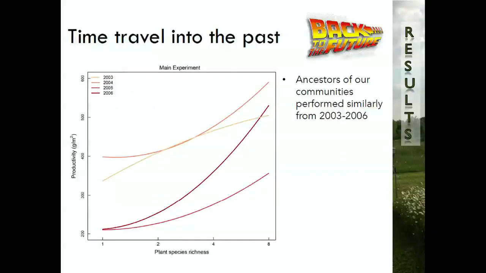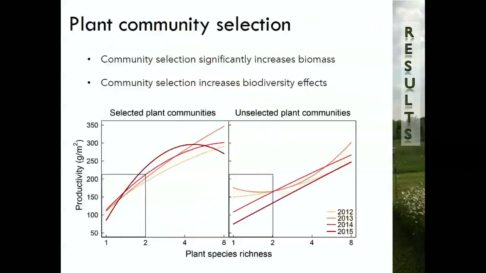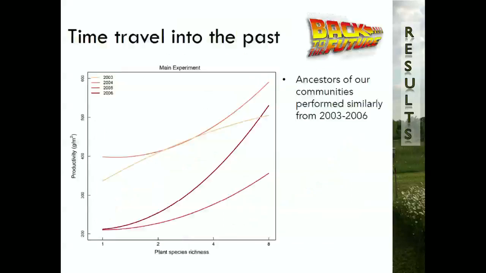Because we wanted to see how the ancestors, basically, of these selected plant communities were doing, we had a look at the data of the main experimental plot right after the installment of the main Jena experiment.